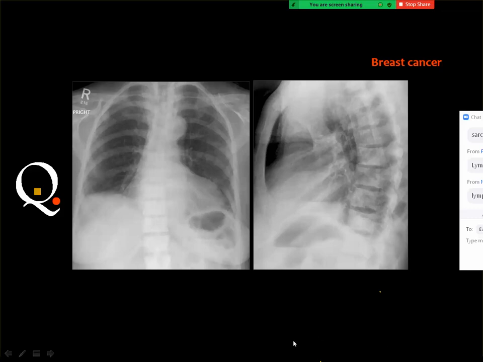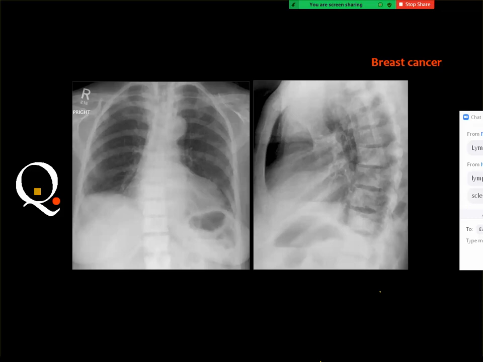Then this patient had a breast cancer. This is a chest X-ray, AP and lateral. Very good.